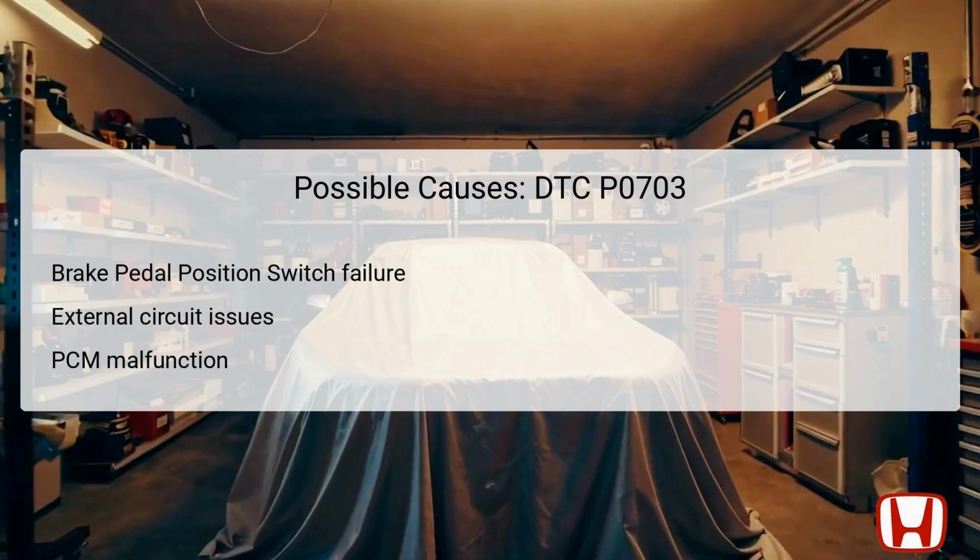Lastly, a malfunction within the PCM, short for powertrain control module, could misinterpret inputs from the brake pedal position switch, thus warranting the detection of this DTC. Each of these faults requires careful diagnosis to ensure that the actual cause of the error is identified and rectified promptly.